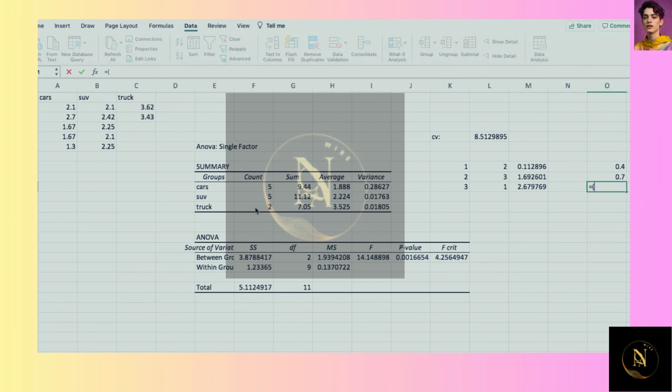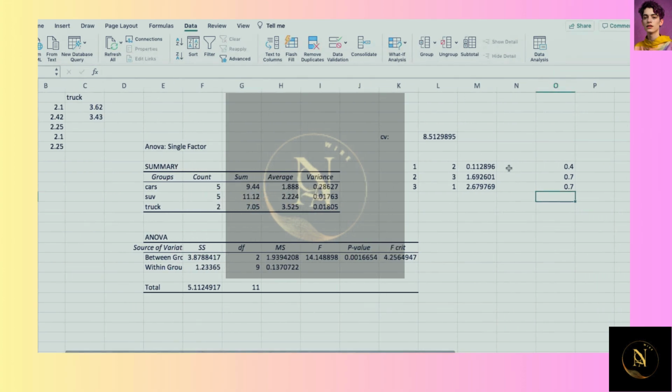And then the last one. That's just going to make it easier for us when we do our numerator divided by our denominator.